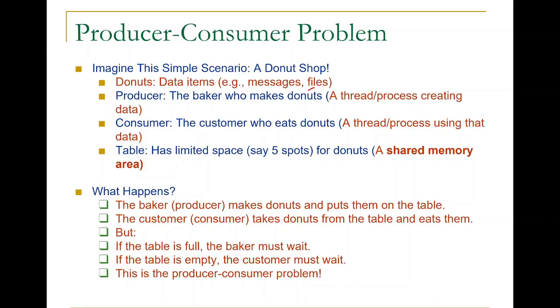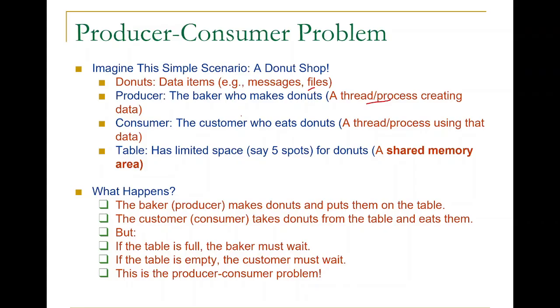The producer is the baker who makes donuts. A thread or process creating data is a producer. Imagine a baker who bakes donuts and a consumer who eats donuts.